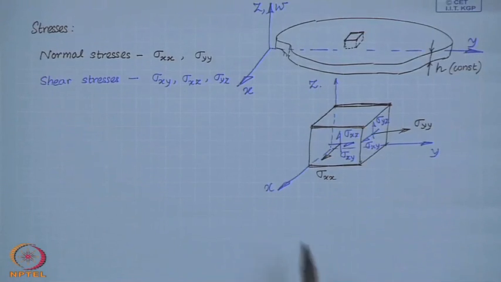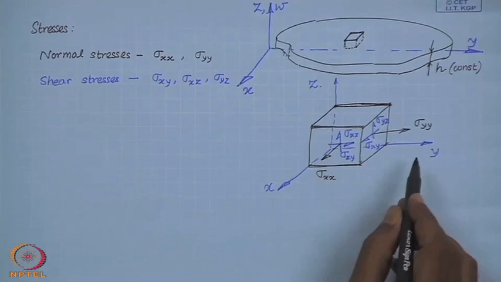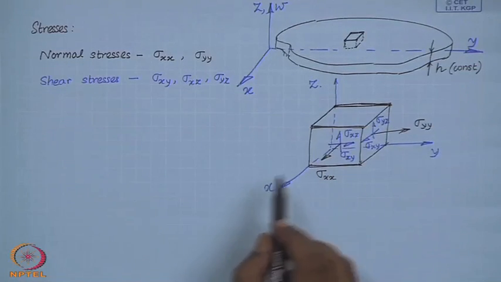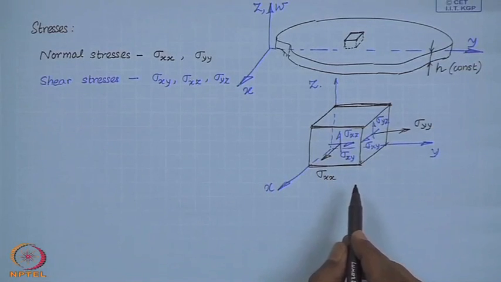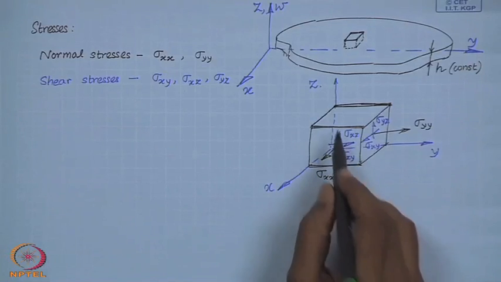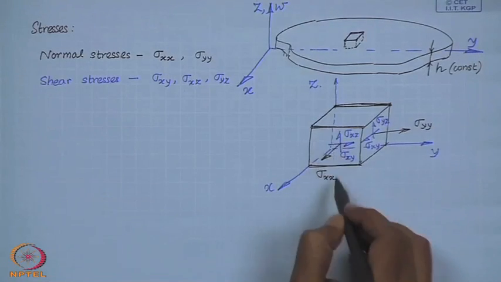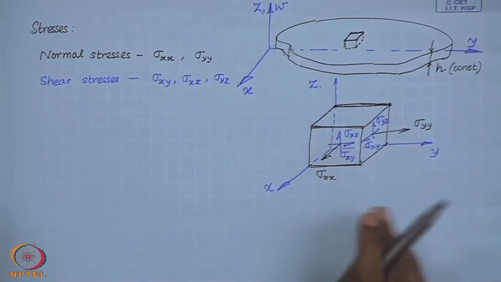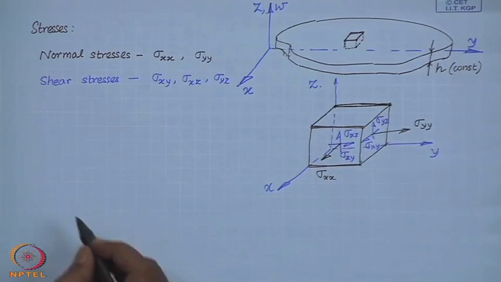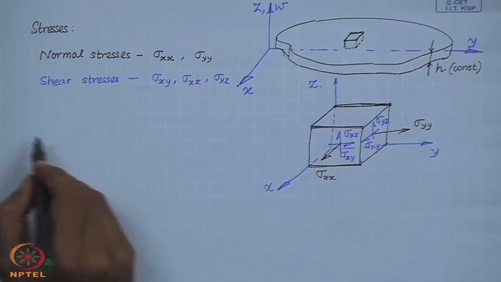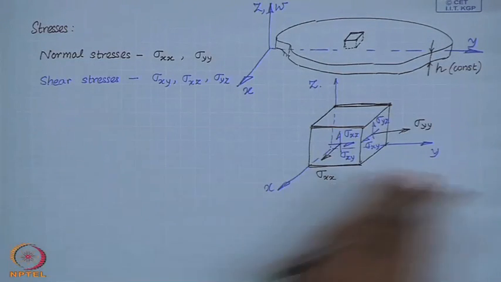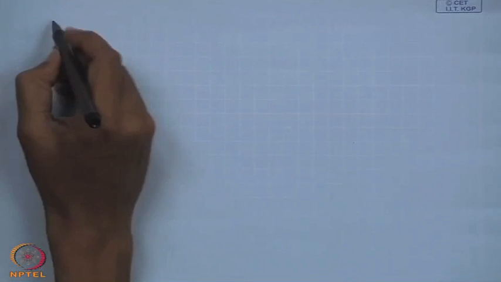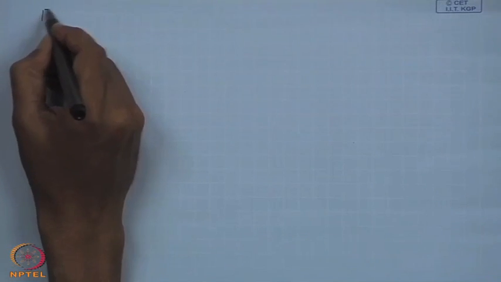Now, when we want to construct a theory in 2 dimensions, we integrate over the thickness of the plate, and we define what are known as the stress resultants, the force and moment resultants.